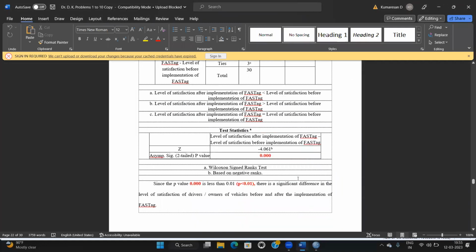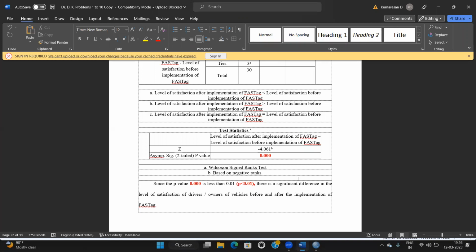Now let us check whether the P value is less than 0.05 or not. Yes, it is less than 0.05. Of course, it is less than 0.01 because the P value is 0.000. So what decision can we take?